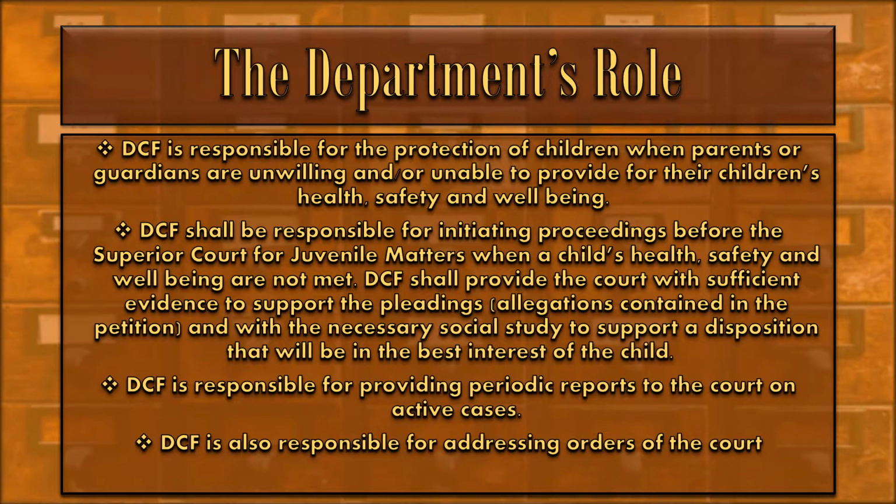The department shall provide the court with sufficient evidence to support the pleadings, allegations contained in the petition, and with the necessary social study to support a disposition that will be in the best interest of the child. The department is responsible for providing periodic reports to the court on pending cases. The department is also responsible for addressing orders of the court.